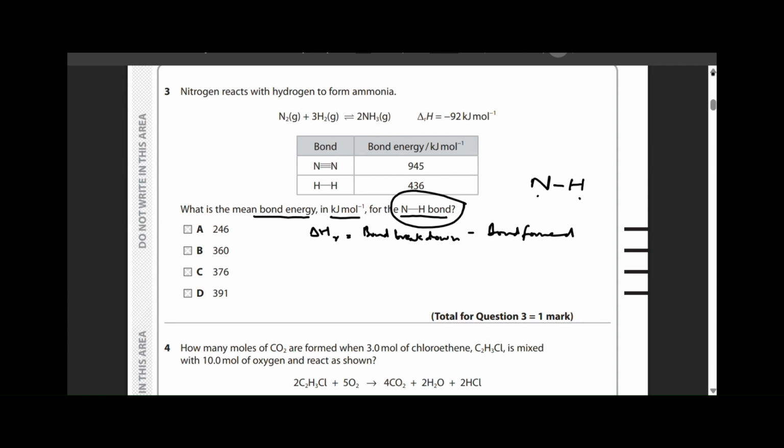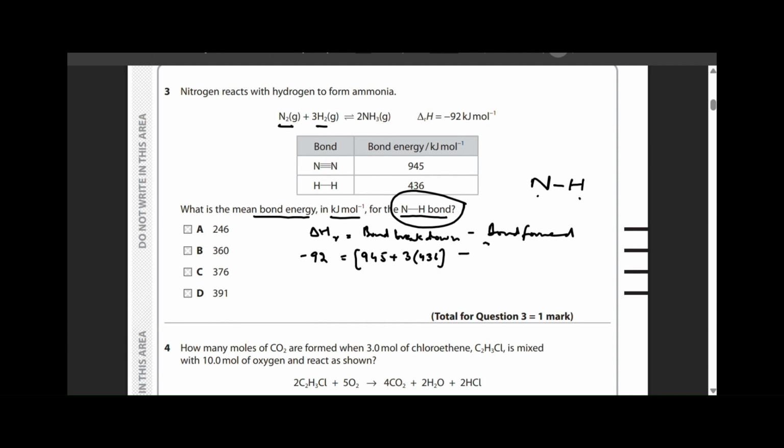You have the enthalpy change of the reaction, minus 92, and the bonds broken: the nitrogen bond will break, that is 945, and there are three hydrogen hydrogen bonds, so you will multiply 436 with 3.